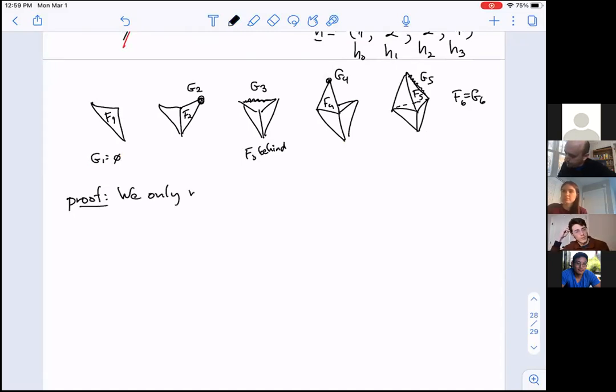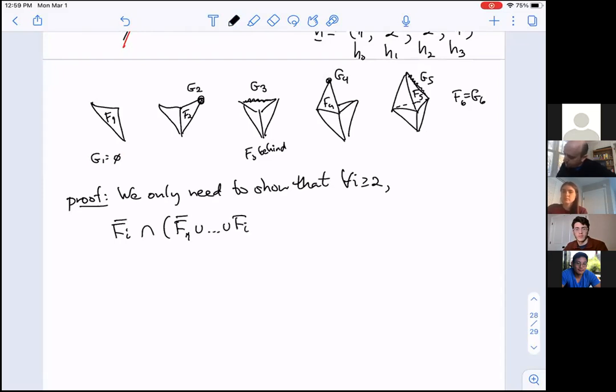We only need to show that when we add in a new face, its intersection with the subcomplex generated by the previous faces is equal to this union of the h downward walls, capital H of Fi.